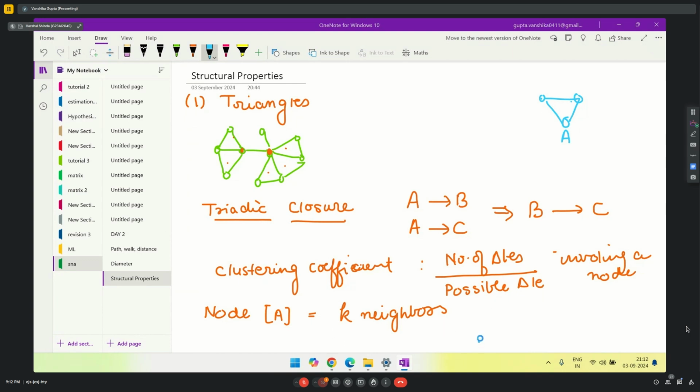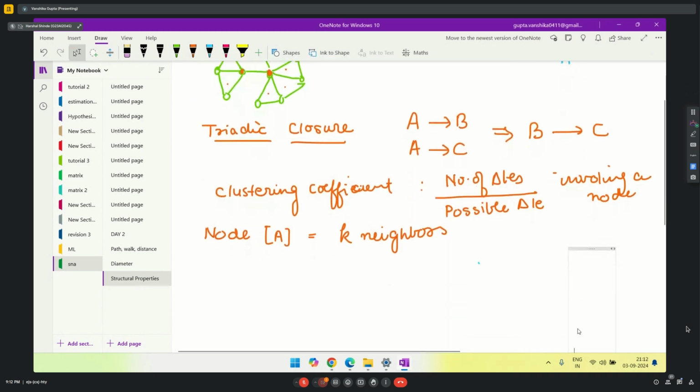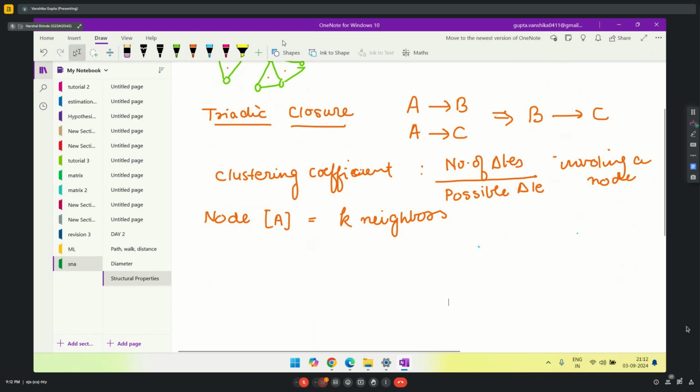So all possible triangles will be simply KC2, because we already have one node with us. That's why we are not selecting three nodes. We already have one A node fixed. We only need two more nodes from the neighbors. So that's why all possible triangles will be KC2. And simply you can put the values here and calculate.